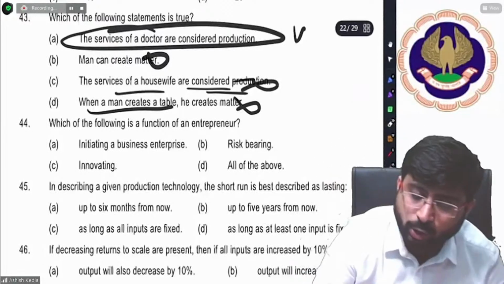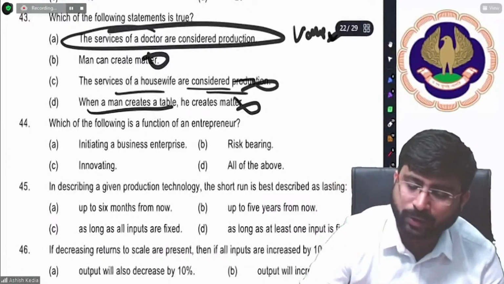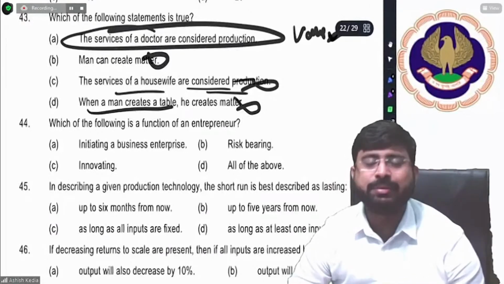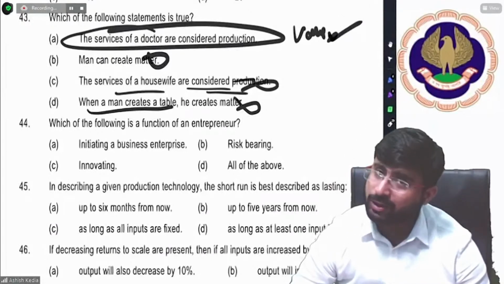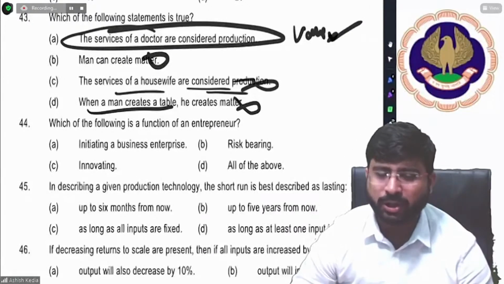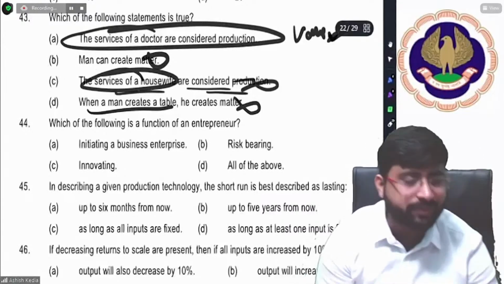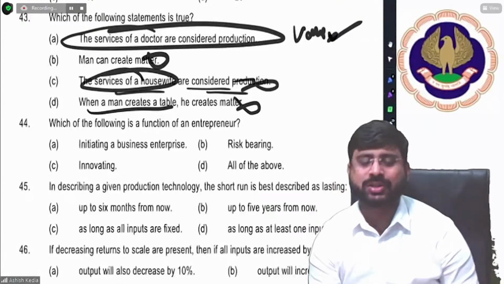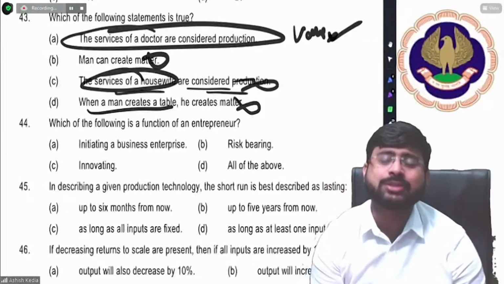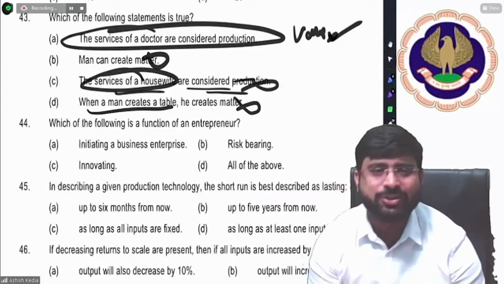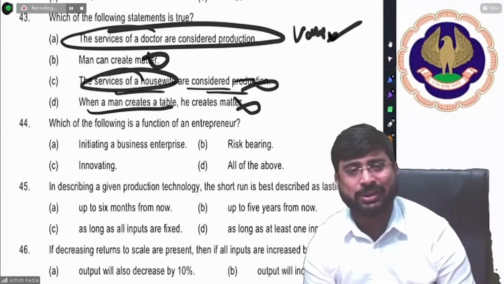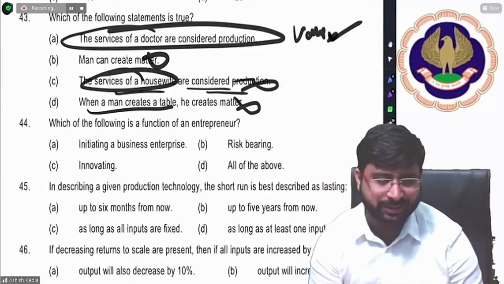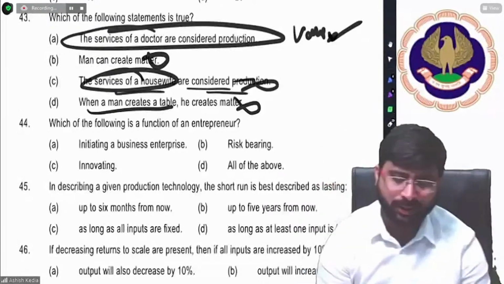Anything whose value can be calculated will be considered as production. Services of a doctor have a fixed monetary value. Services of a housewife don't have a fixed monetary or market value, and hence are not considered production. Yes, the service is valuable, but we cannot calculate that value, and hence it's not considered production.